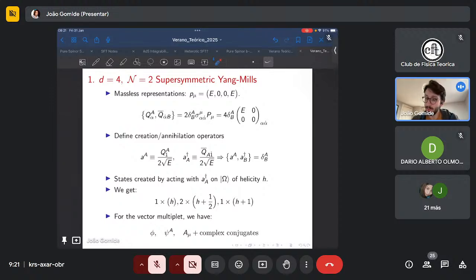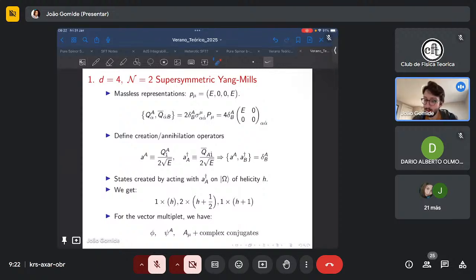So if you just renormalize Q and Q bar, you can define these creation and annihilation operators such that they satisfy the usual commutation relations that you expect. Now that we have this, we can start creating the different states in the theory by acting with the creation operator on some vacuum with helicity or spin h.